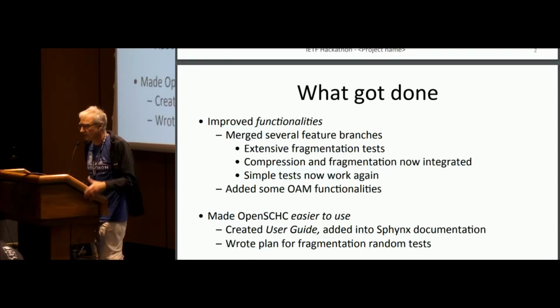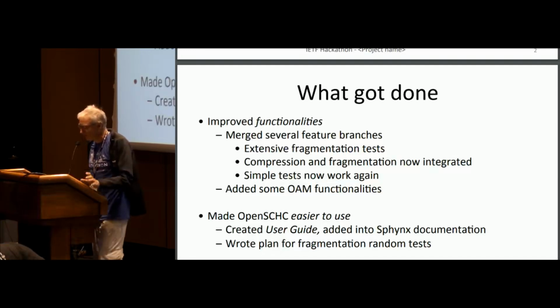We got the basic tests running again, with a few details to be ironed out yet. One of the branches provides the new fragmentation mode that was introduced last fall, including extensive testing of that. We added a few other functionalities, so simple OAM stuff like ping responses.